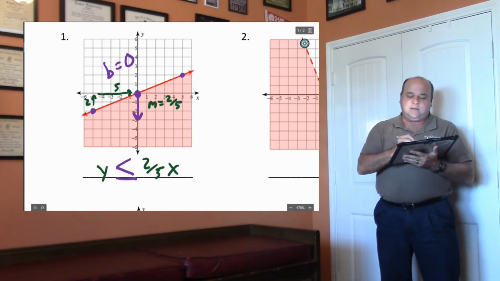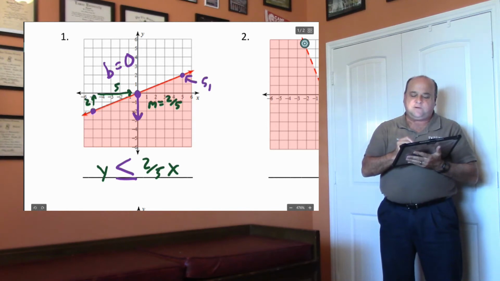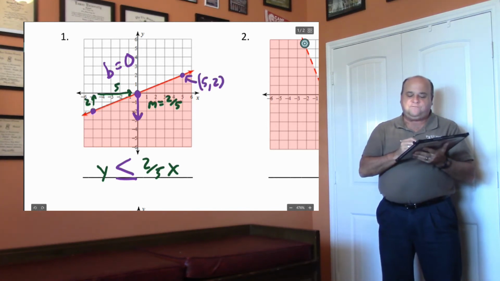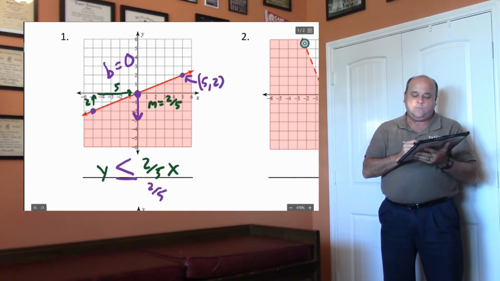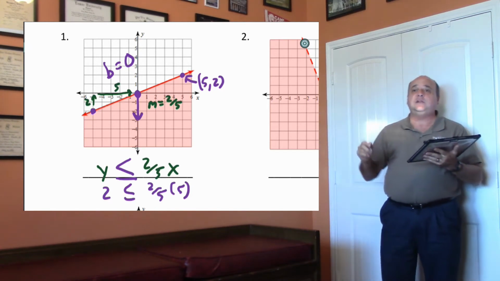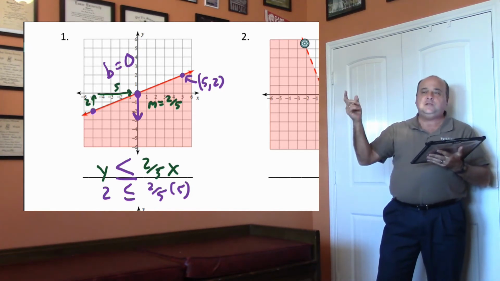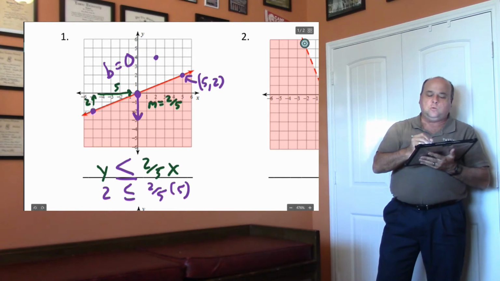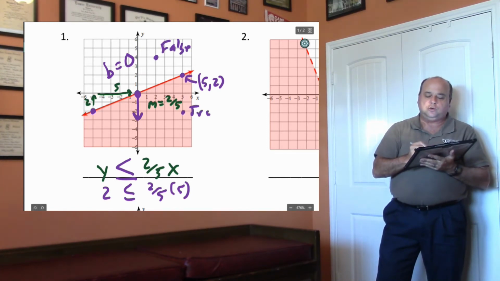Now then, let's take this ordered pair right here, 5, 2. If I put 5 in here and 2 right here, 2/5 times 5 would be 2, and 2 is less than or equal to 2. So that would be true. Any dot up here would be false, and any dot down in here would be true.